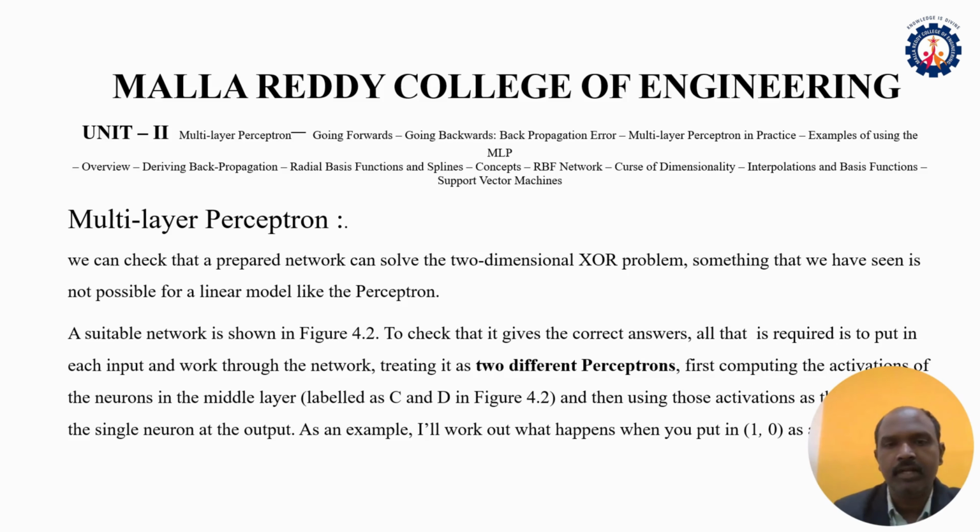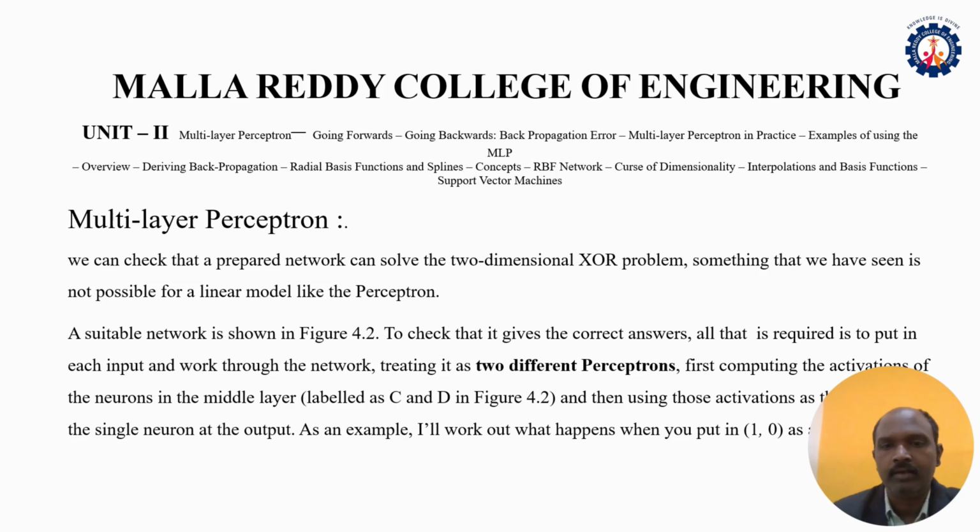In figure 4.2, the threshold value given in the previous diagram is -1 in the hidden layer and positive 1, as well as identified with the output layer.